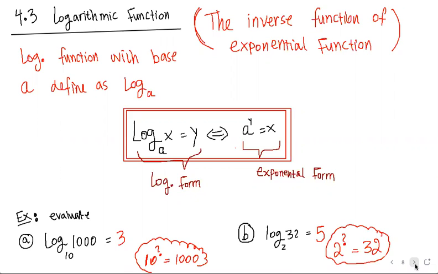Now let me give you the properties of the logarithm function. First property says the logarithm of 1 for any base is always 0.